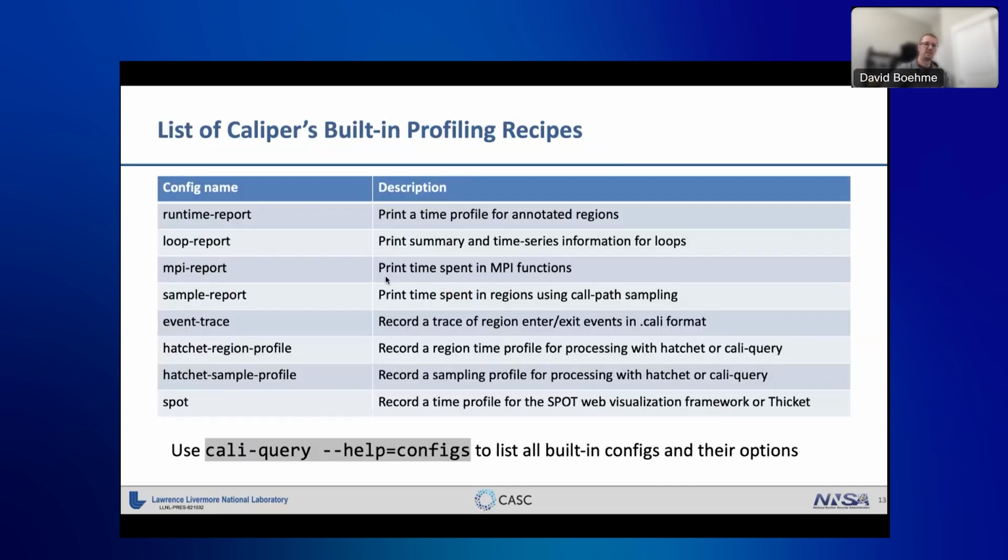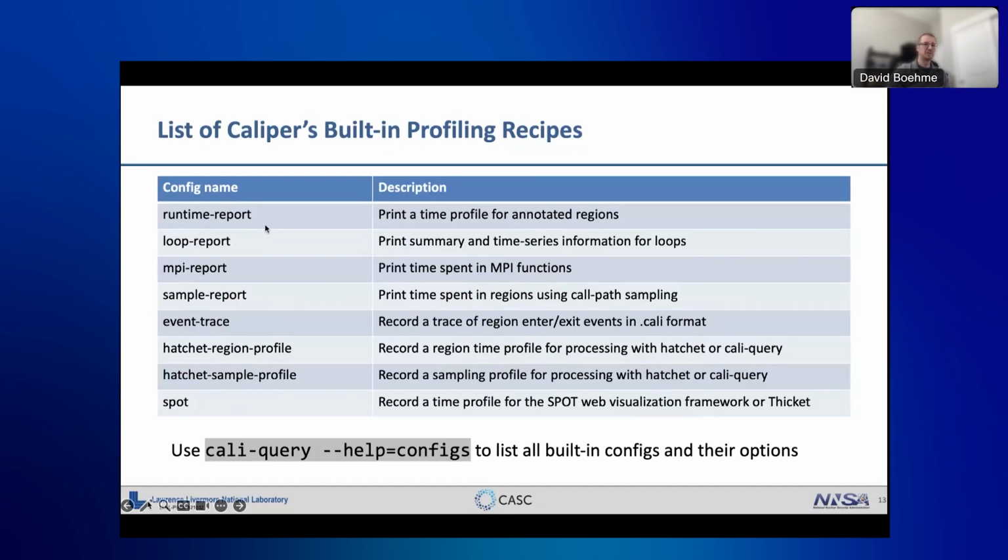So here's a not complete list of these built-in profiling recipes. There are a whole bunch for simple reports as well as more detailed profiles that you can analyze in processing tools like Thicket. We have the runtime report I mentioned.